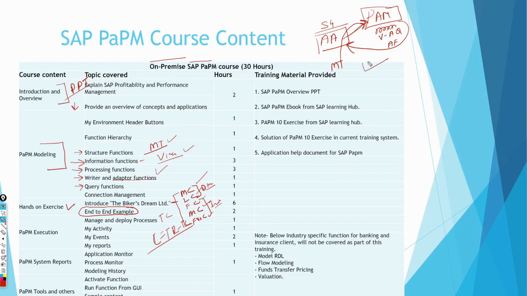After we create those rules in PAPM, we will be allocating. After allocation, I will show you how to post back. When I say post back, it will be done using an adapter function. Once we allocate, this is the output.